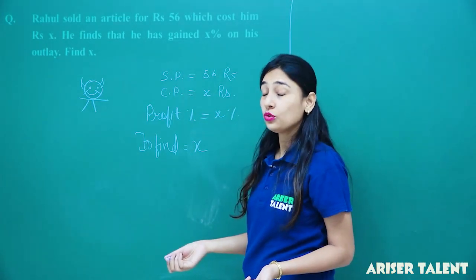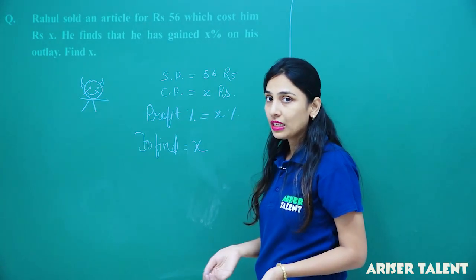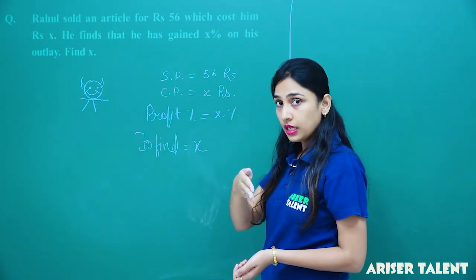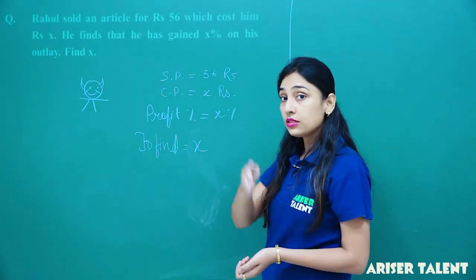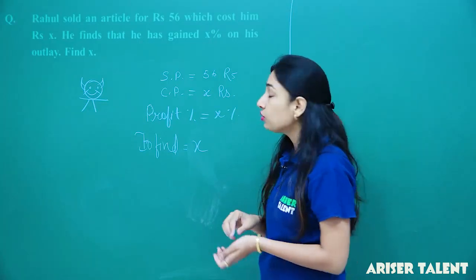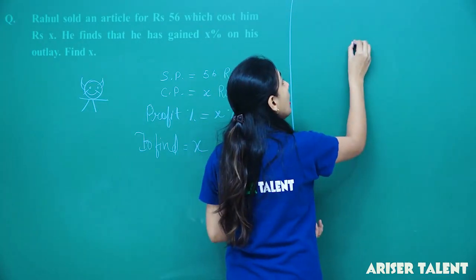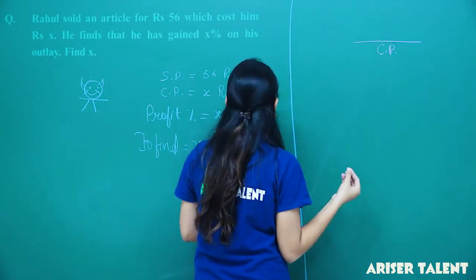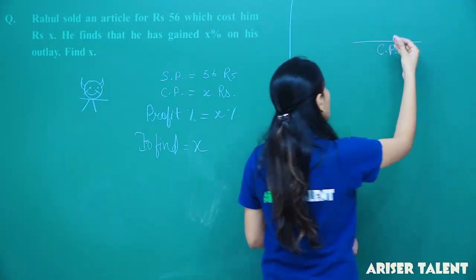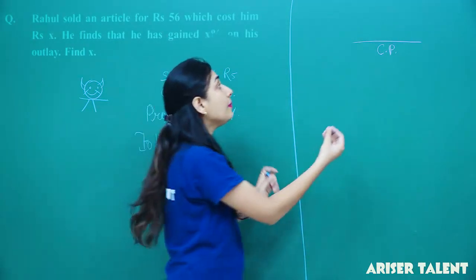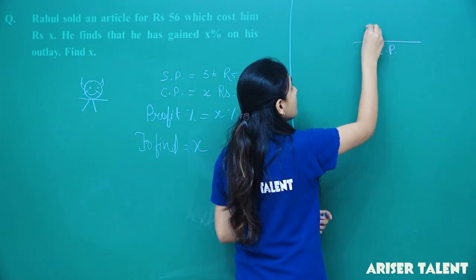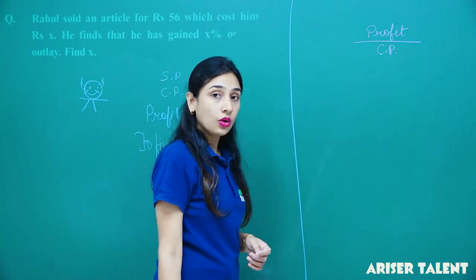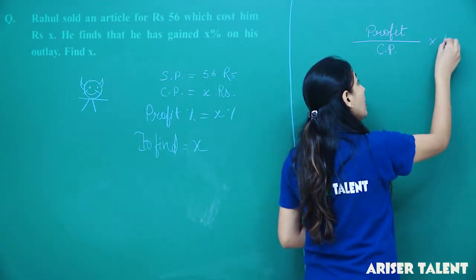Now students, we need to know the formula of profit. What is the base of the profit, selling price or cost price? It is always cost price, students. So I will have this formula based on CP, that is cost price, upon profit, multiplied by 100.